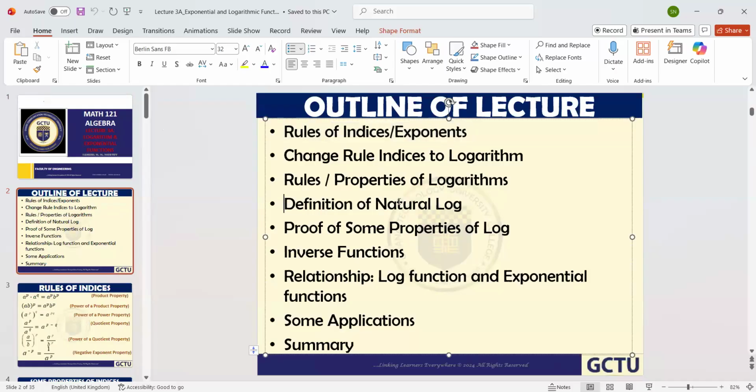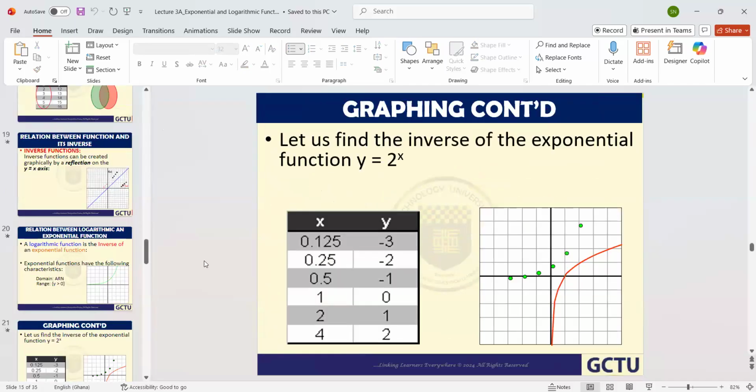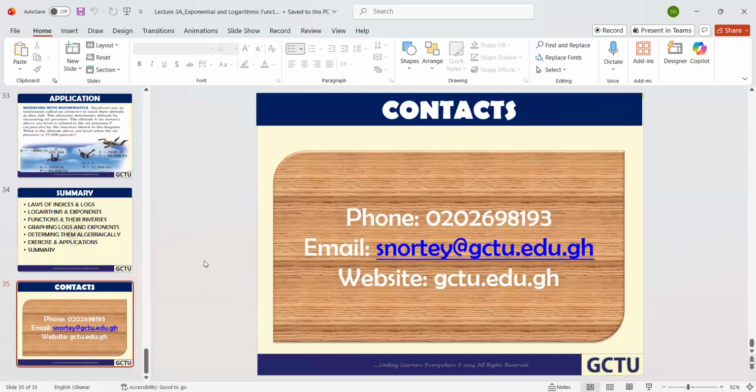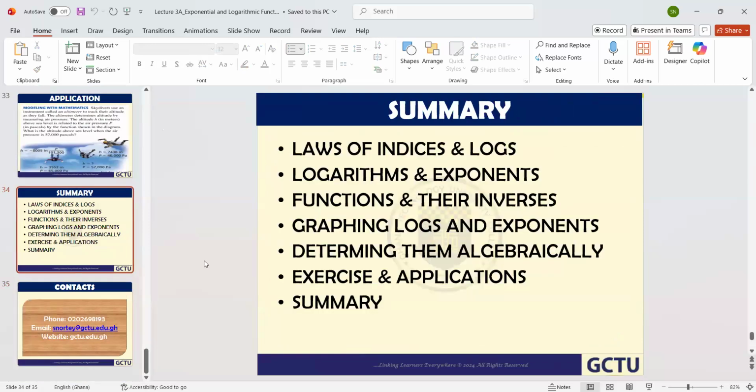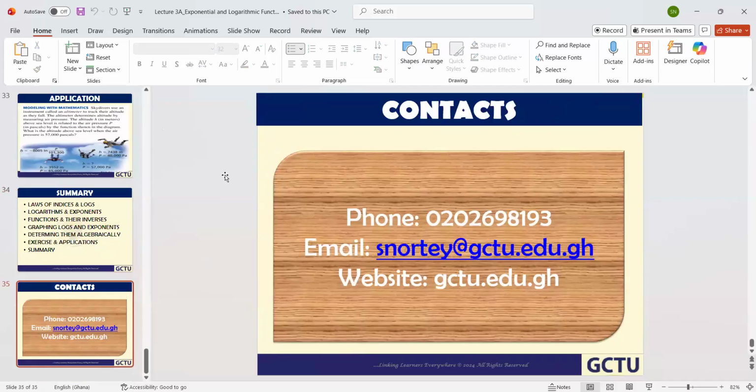And then we'll see what a natural log looks like. And then we'll look at some of the relationship between log and exponential functions. And then basically some applications. Now, the last slide here gives you the applications of logarithm.